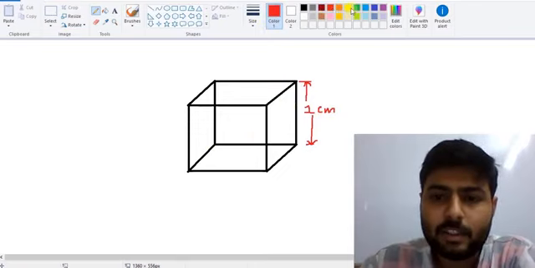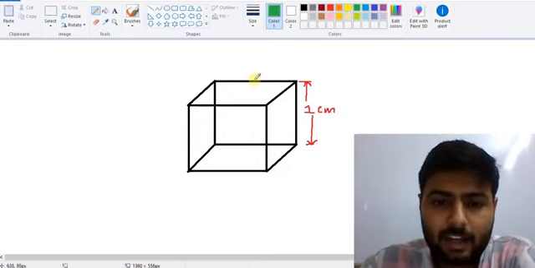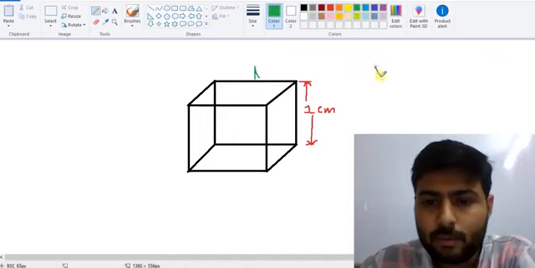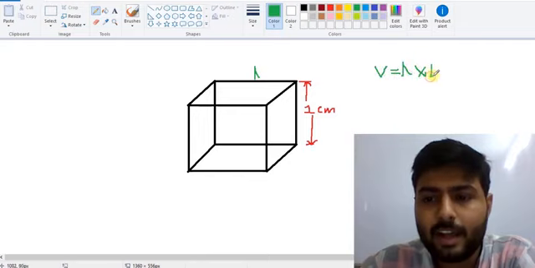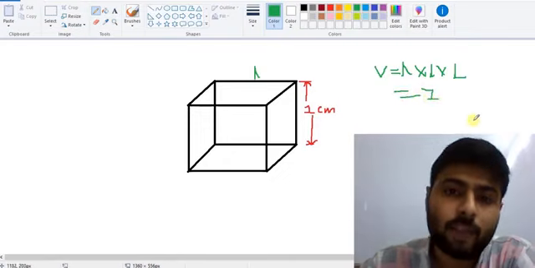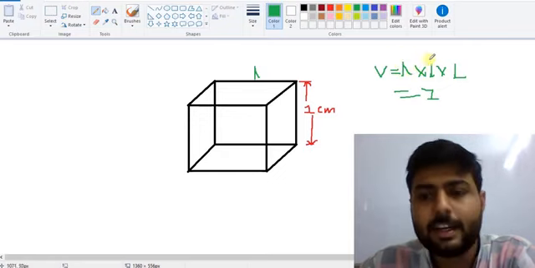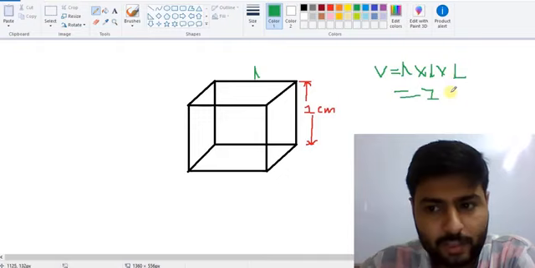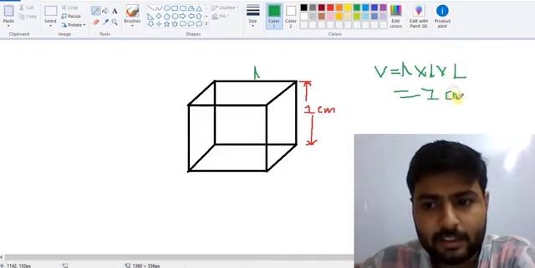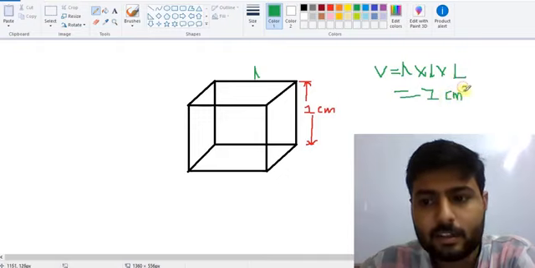Let's say we have side called L. So volume of cube V is equal to L into L into L. So we have 1 into 1 into 1, that is 1, and centimeter into centimeter into centimeter, that is centimeter cube.